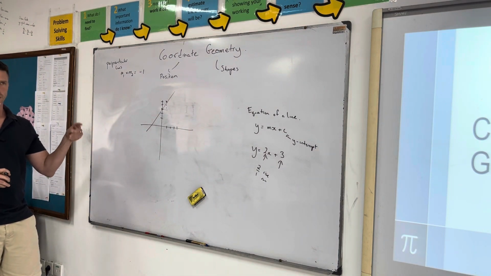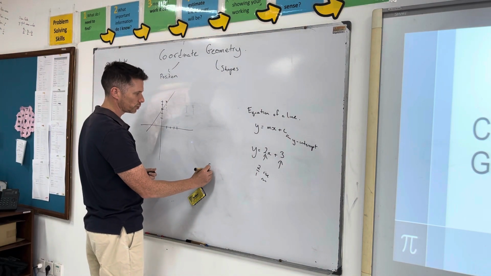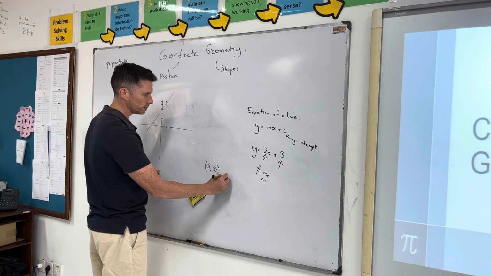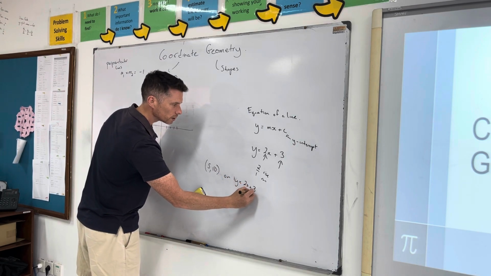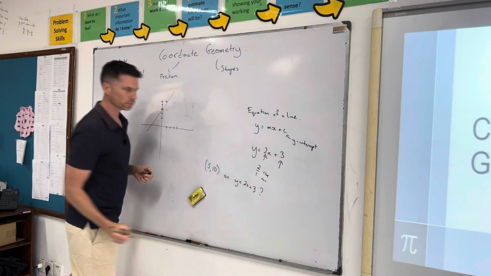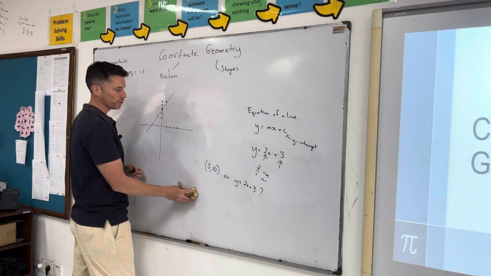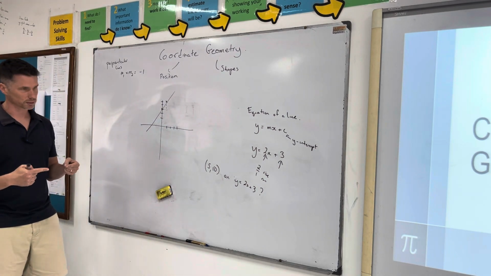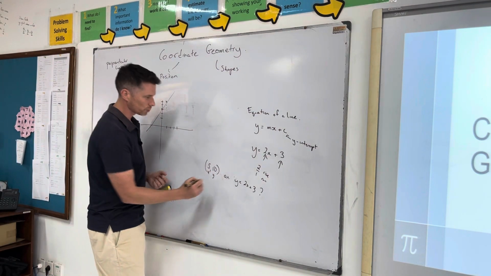How do I know if a point is on the line or not? Let's say a random point in space. I'm not too sure, is 5, 10 on this line? So you'd sub it in? Yeah. It's a formula. This is an x point, this is a y point.